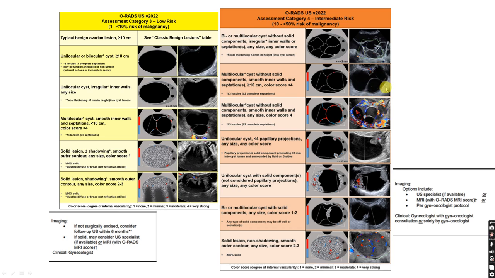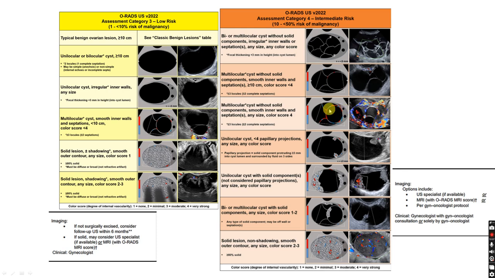Second is showing smooth contour locules, but it is showing vascularity, and it is more than 10 centimeters in size. In O-RADS 3, the size was less than 10 centimeters for this type of multilocular lesion.